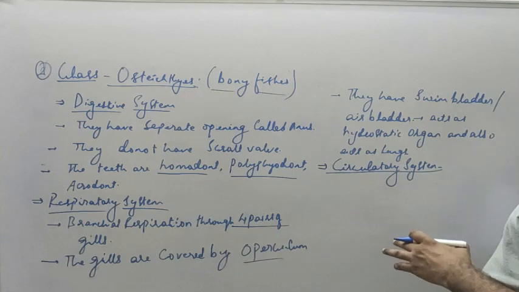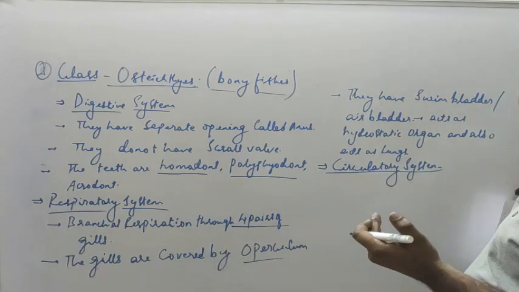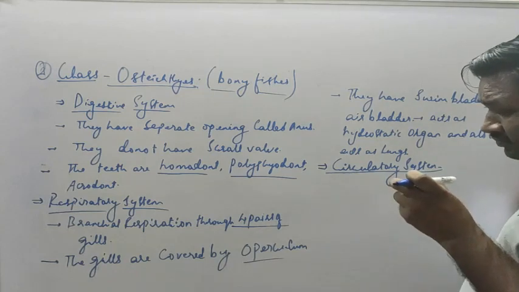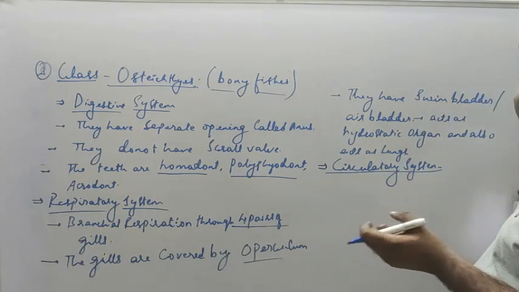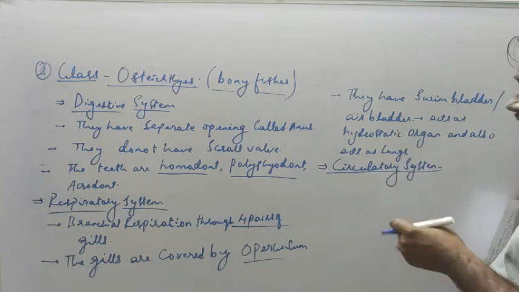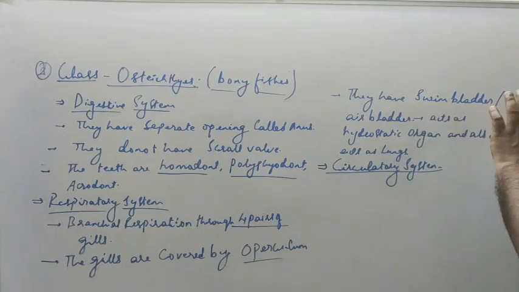Generally they have a two chambered heart, and this two chambered heart will have two accessory chambers, the sinus venosus and the truncus arteriosus, in the case of bony fishes.